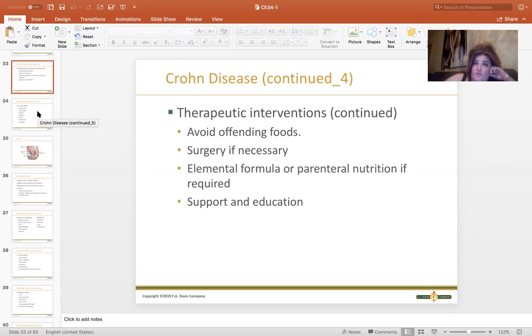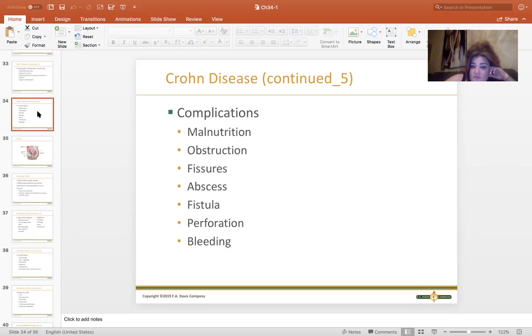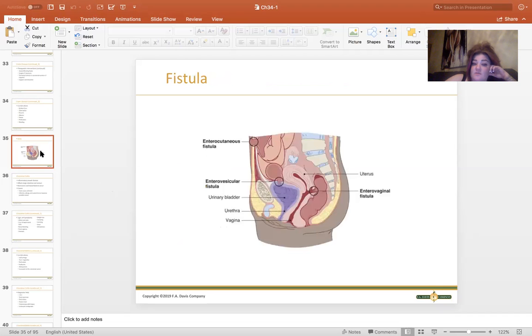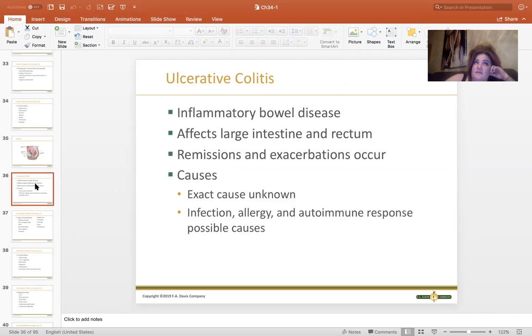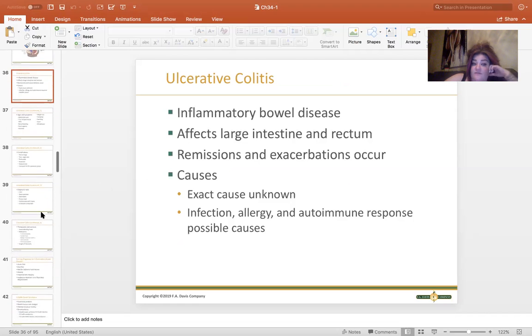With anything autoimmune, we know our body's attacking itself. So what's going to happen? Complications, malnutrition, obstruction, potential fissures, abscesses, bleeding, perforation, and that is why it can lead to surgery.